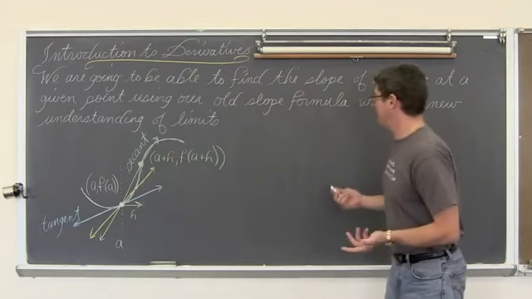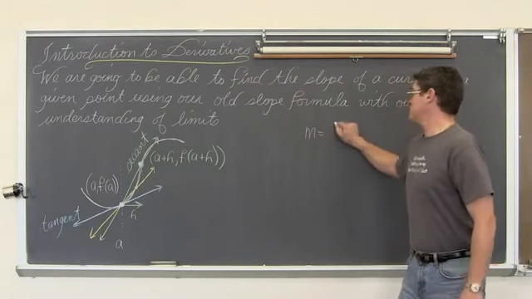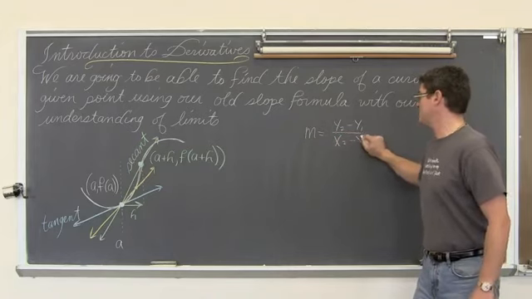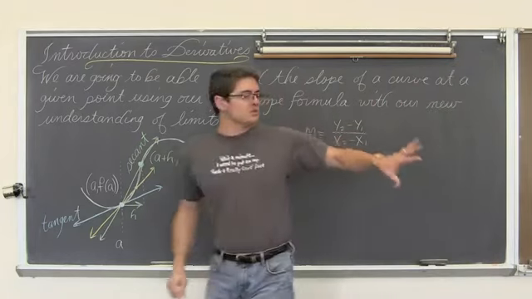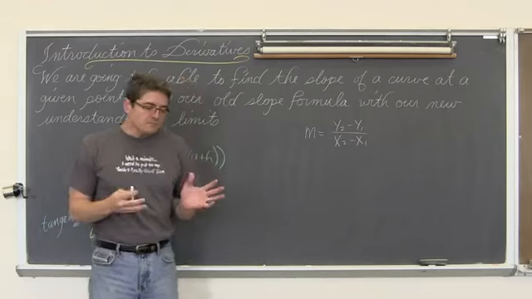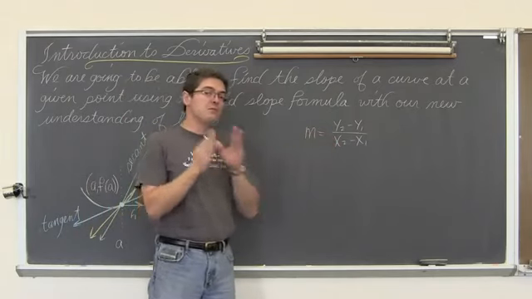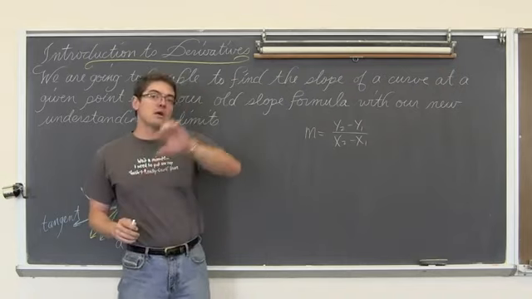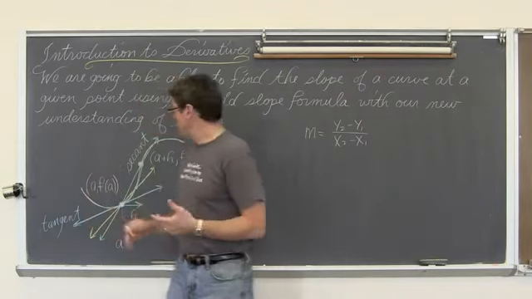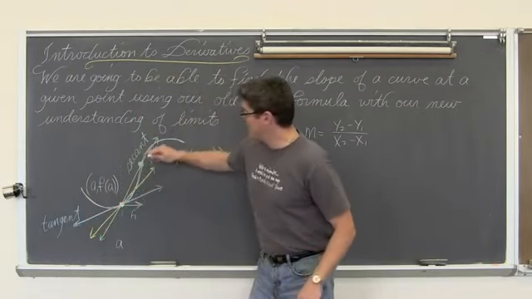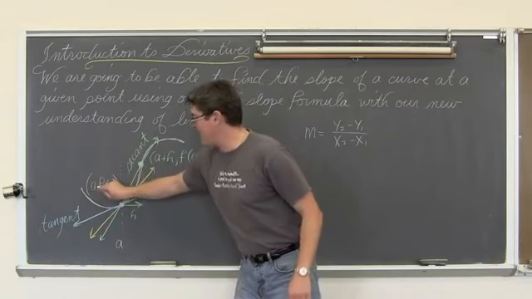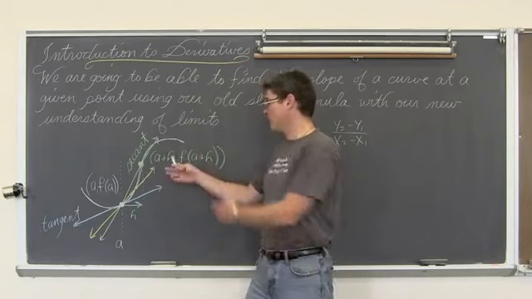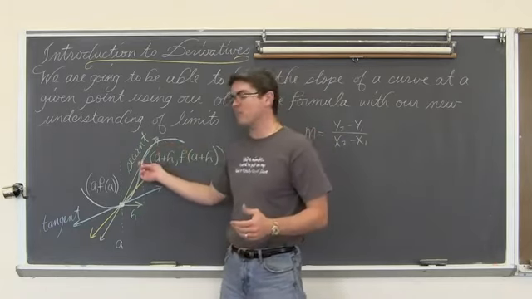But instead of just saying, well, slope is y2 minus y1 over x2 minus x1, this old slope formula is for when you have 2 fixed points along a straight line. Here we have a green line, and it's going through this point a, f of a, and another point.